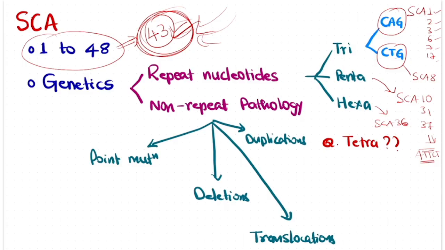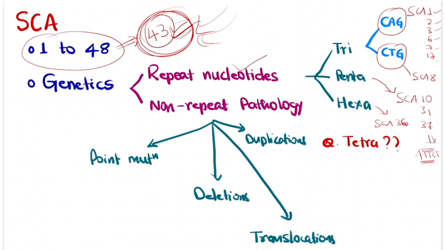The genetic pathology in spinocerebellar ataxia can be repeat nucleotide repeat disorder or non-repeat pathology. Under repeat nucleotides, we have trinucleotides, pentanucleotides and hexanucleotides. Under trinucleotides, we have CAG repeats, CTG repeats.